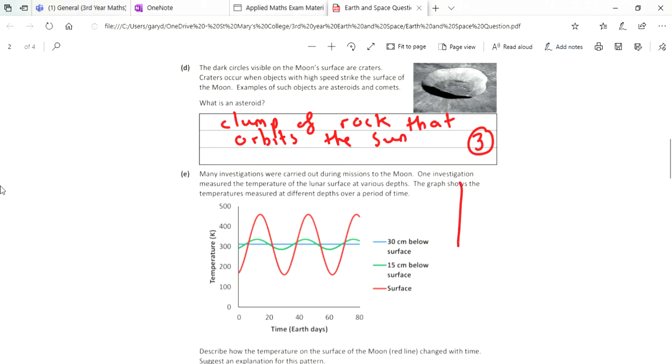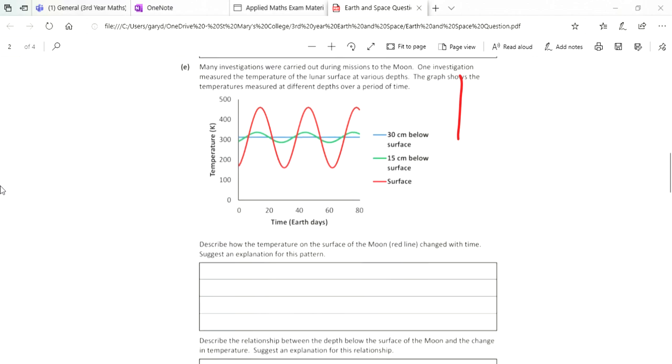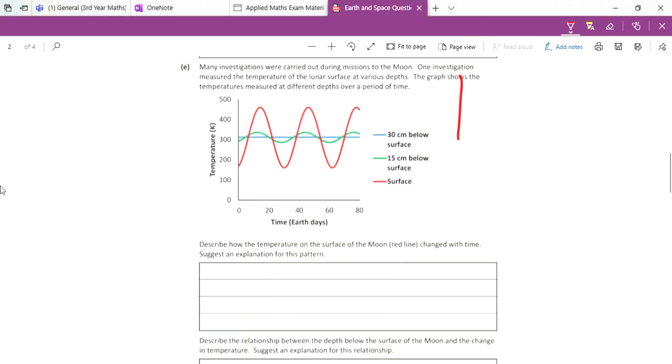Next question. Many investigations were carried out on the surface of the Moon during missions to the Moon. One investigation measured the temperature of the lunar surface at various depths. The graph shows the temperatures measured at different depths. So we look at the red line first. The red line is the temperature of the surface of the Moon.